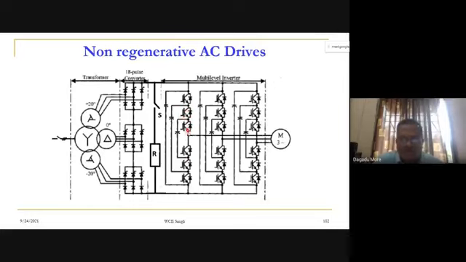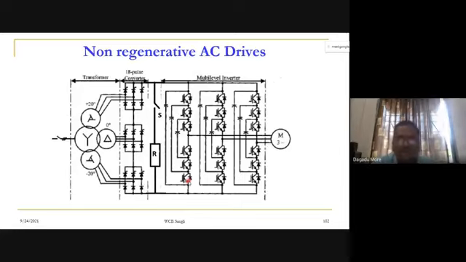In the case of 3 level, we have 2 devices. Is it right? In the case of 5 level, we have 4 upper devices and 4 lower devices in the same leg. So here, in one leg, the upper has 3 devices and the lower has 3 devices. So what is the level number here? Can you try to answer?